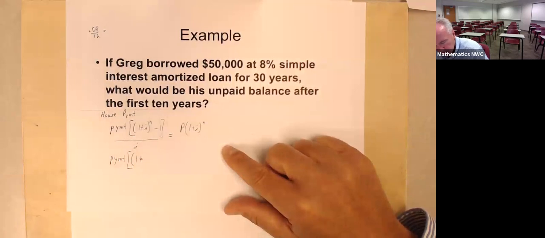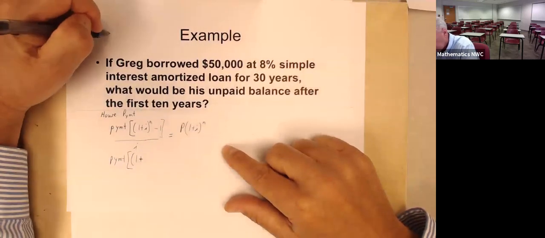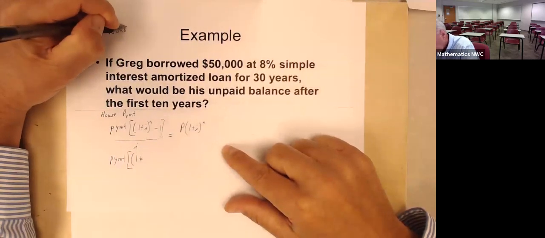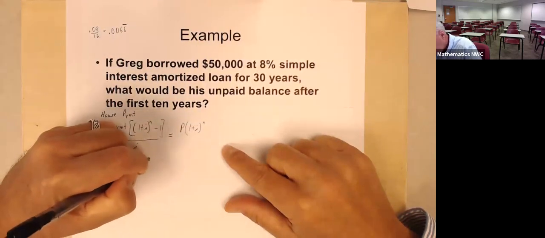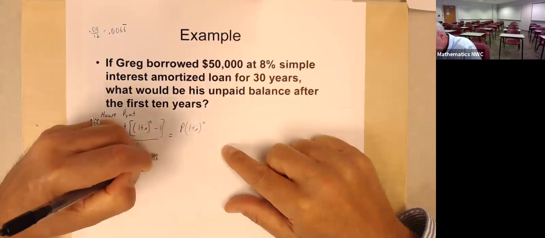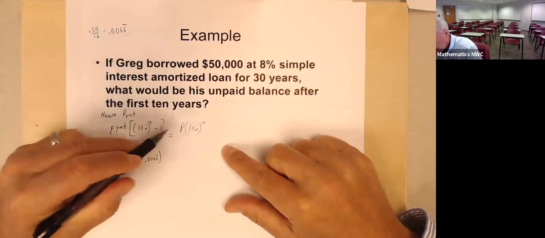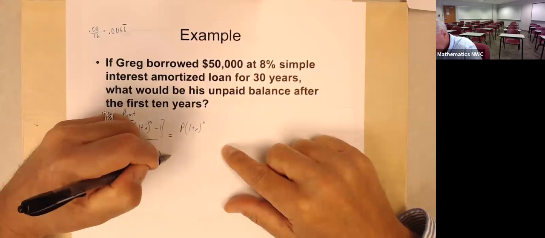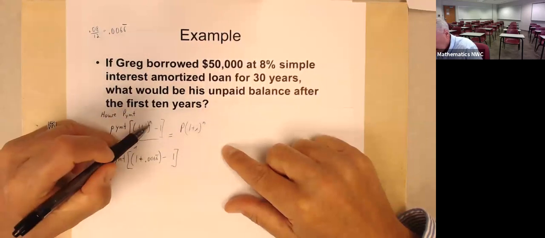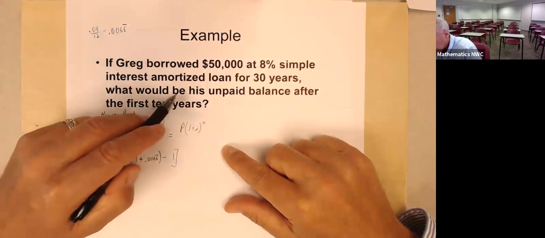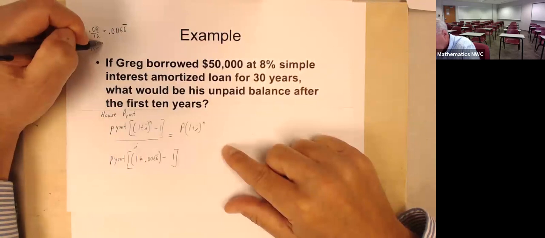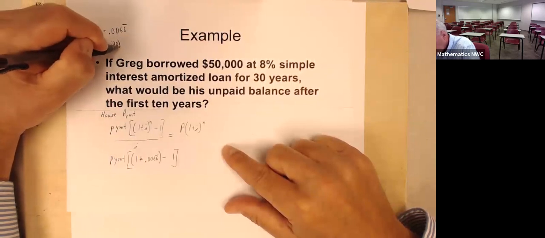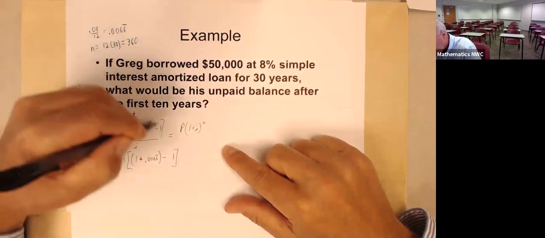So 0.08 divided by 12, I think we already did this, is 0.006 repeating. That's your I value, and that's going to be for all of those I's. N was 12 times a year for 30 years, so N is 12 times 30, or 360 months.